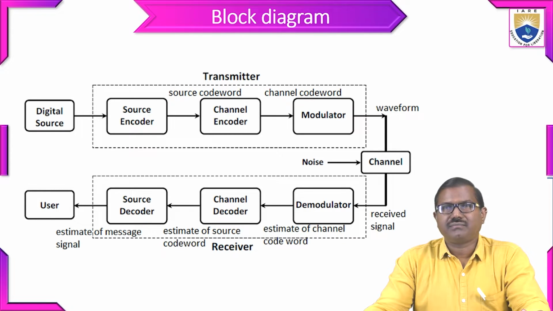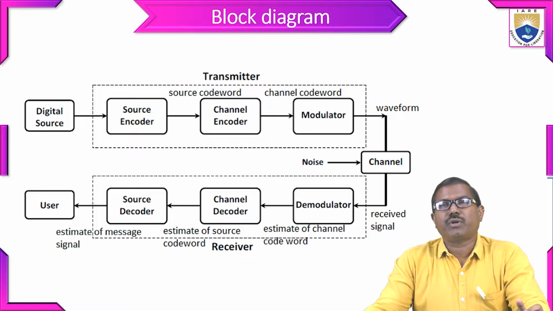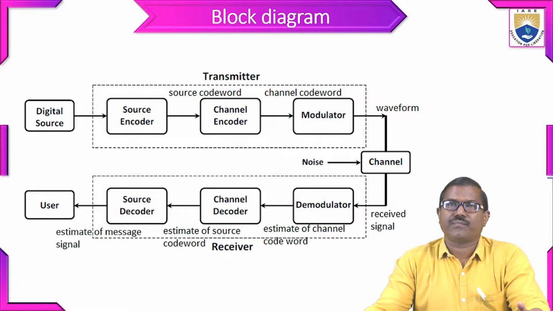The source code word contains fewer bits. Why? Here the source encoder removes the redundancy. Redundancy means non-essential bits. Those bits are removed by the source encoder, and the produced code is called the source code word.